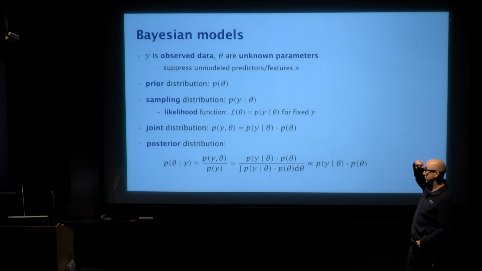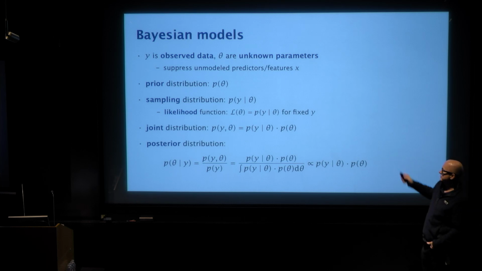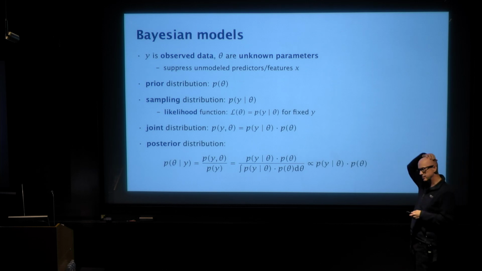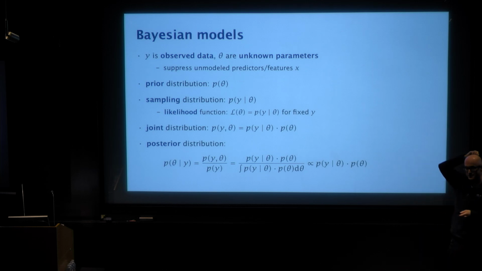Then we can talk about the joint distribution, which we know from the chain rule is just the product of the sampling distribution times the prior distribution, and that gives us the distribution of how those two things go together. And then what we're really interested in for inference is what we call the posterior distribution. This is the distribution of our theta given our data. What are we going to learn about our parameters from having seen the data?